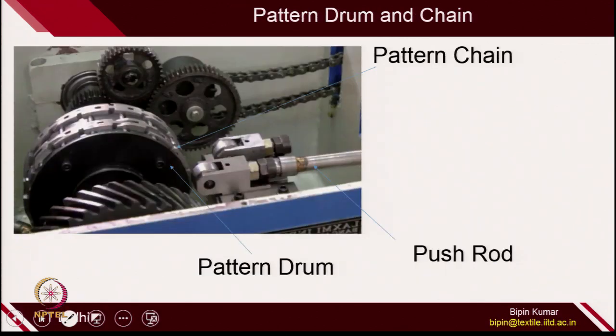This is actually the photograph in stationary conditions. You can see this is the pattern drum on which these chains are arranged, and this chain profile is followed by the follower which is connected with the push rod, and this push rod is connected with the guide bar which shifts the guide either left to right or right to left with respect to the needle bar.